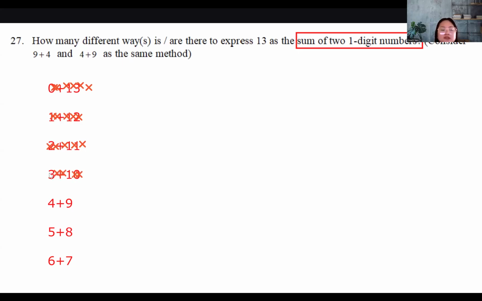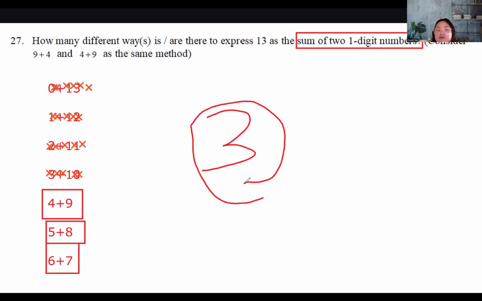So how many options do you have? You have 1, 2, and then 3. The answer is 3. Okay, you get this? So be careful of the instructions per item.